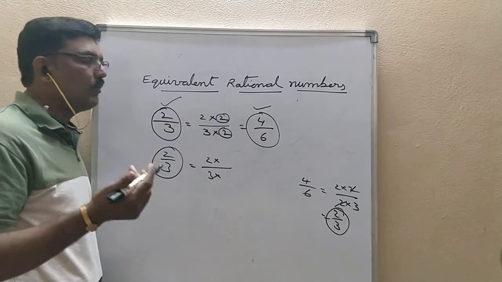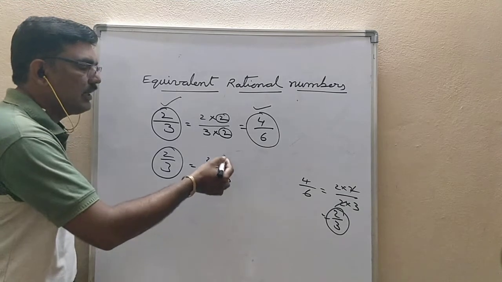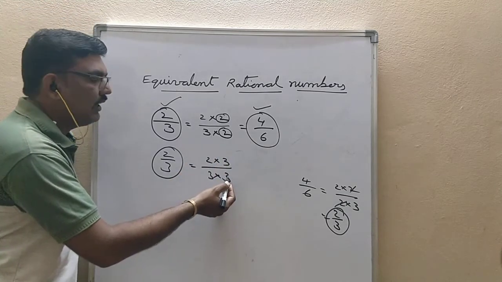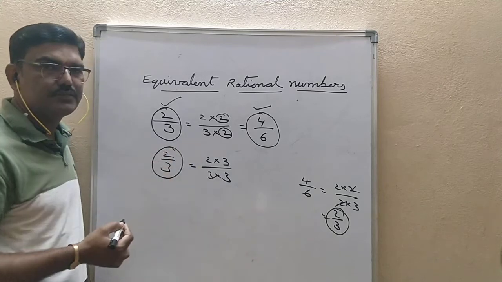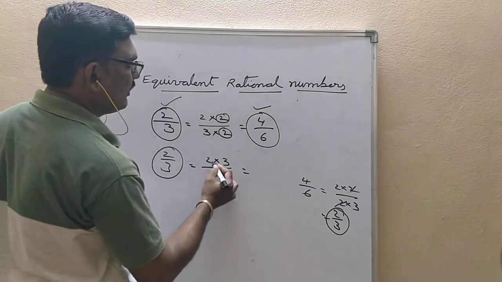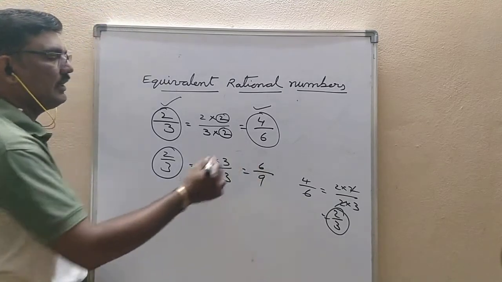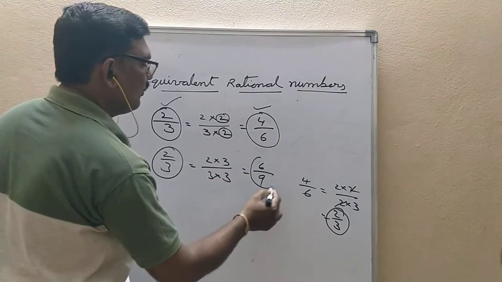After 2, the next number is 3. With 3 what do you have to do? You have to multiply the numerator and the denominator also. 2 3s are 6, 3 3s are 9. How much did you get? 6 by 9.